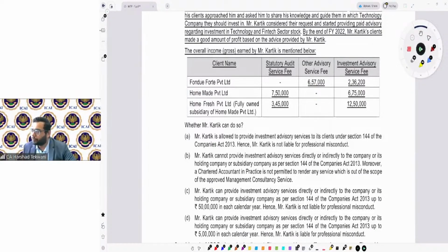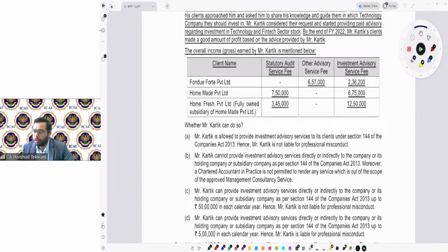Okay, so this particular question is based on two things. Number one, section 144 of the Companies Act. Number two, the definition of management consultancy service, which is also specified under 'deemed to be in practice'. So you need to see it in conjunction with both.